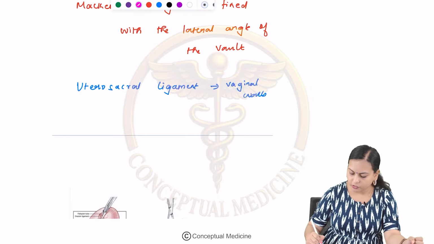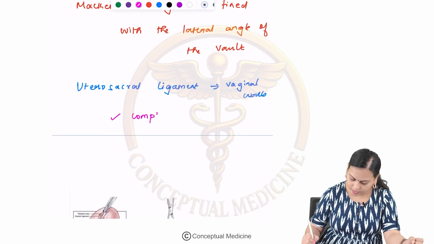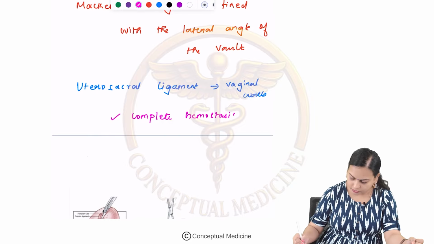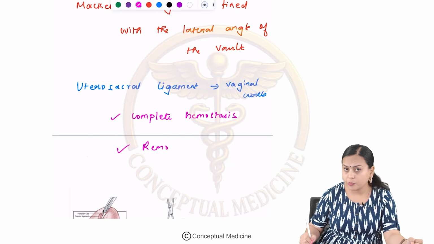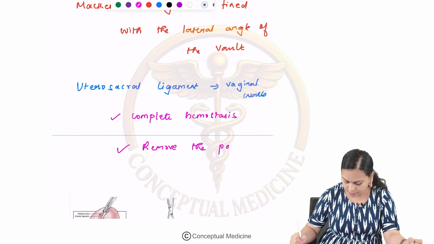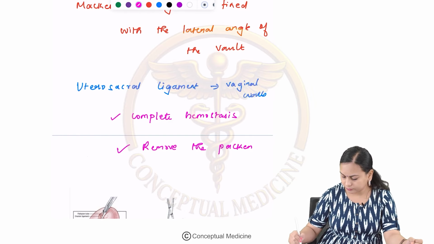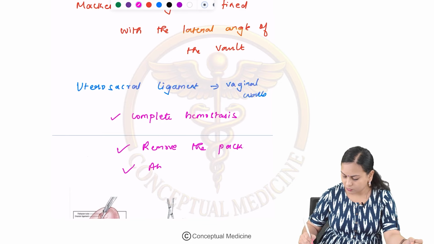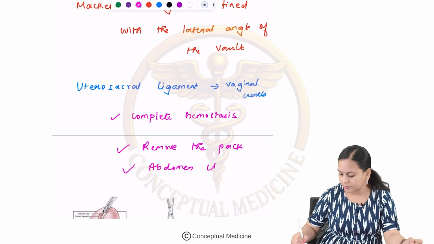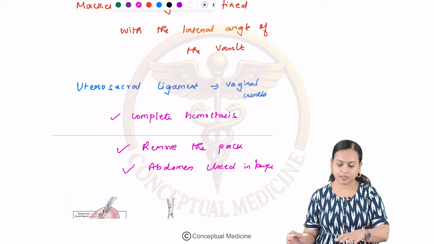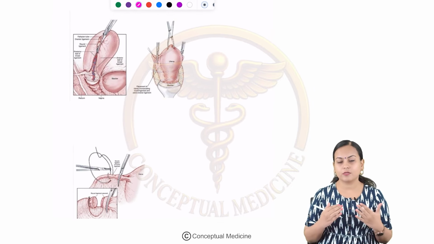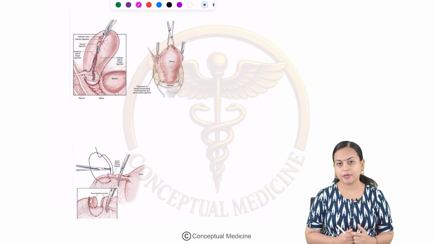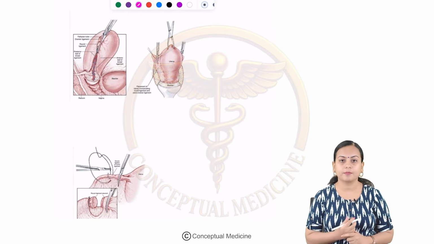Then you have to check if complete hemostasis has occurred. Don't forget to remove the packs you kept, and then the abdomen will be closed in layers. Clear?